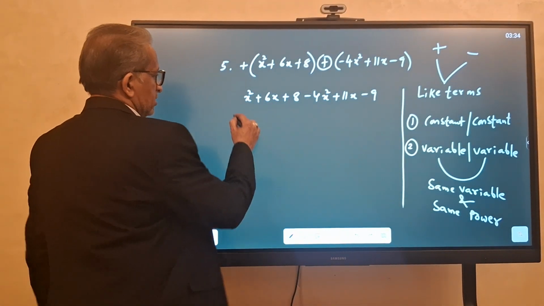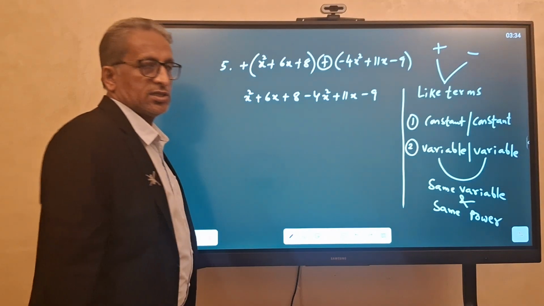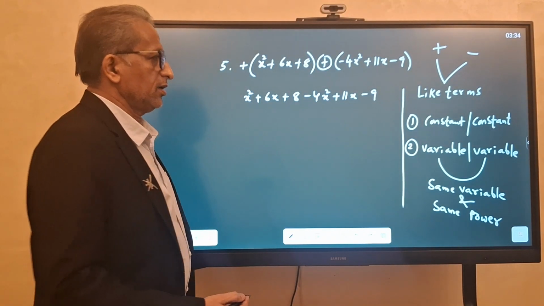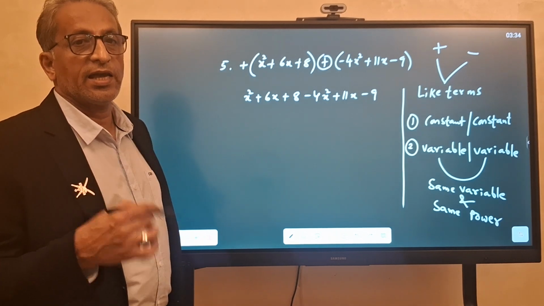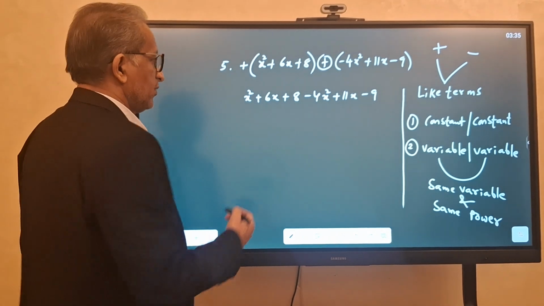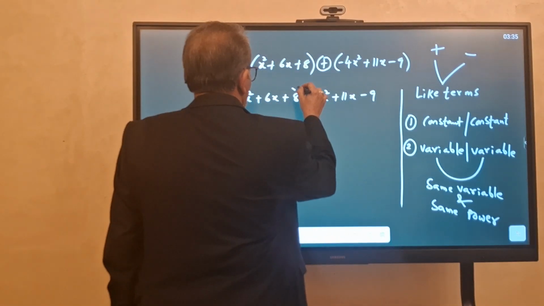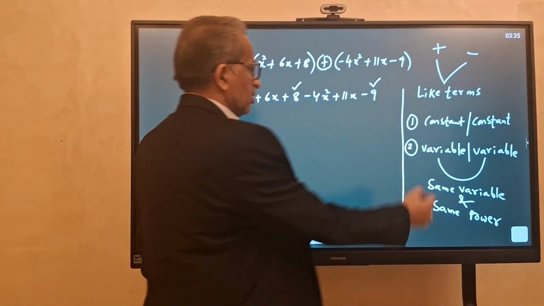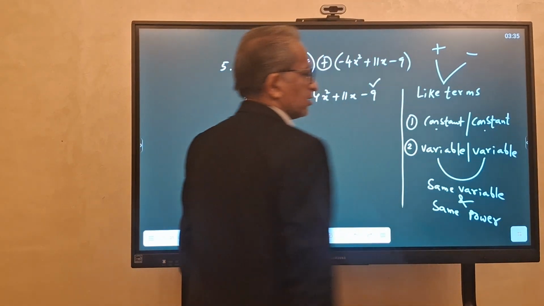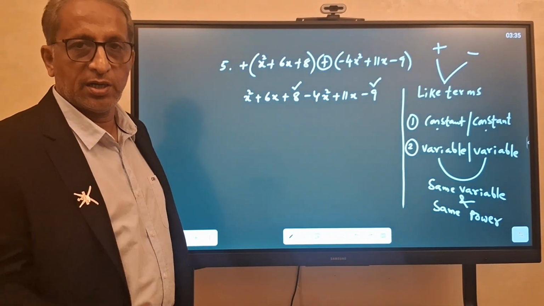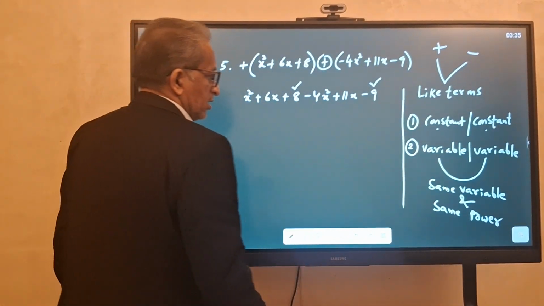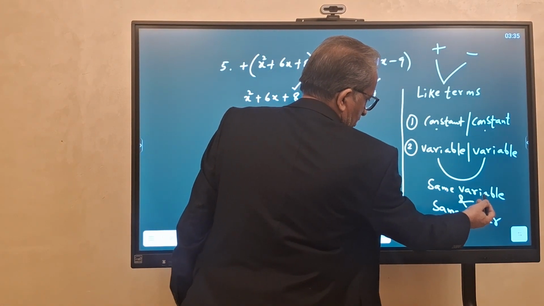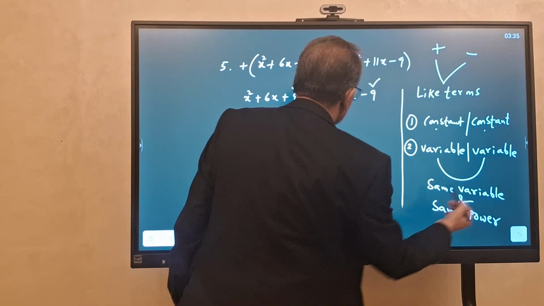So in that case, there are 6 terms in this polynomial when I open the bracket. So I have to identify which are like terms. Let me start with the first one. Plus 8 and minus 9 are like terms because they are constants, that is numbers. Next, if at all I am comparing variables, the variable should be same and it should have same power.